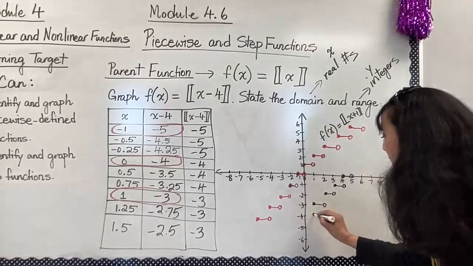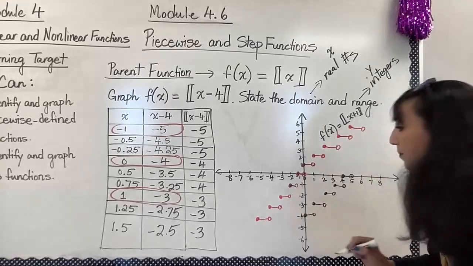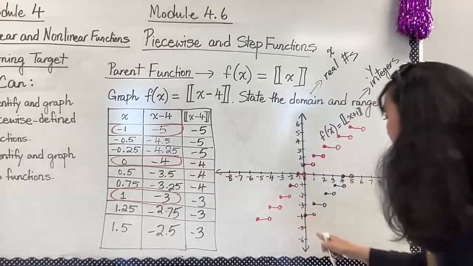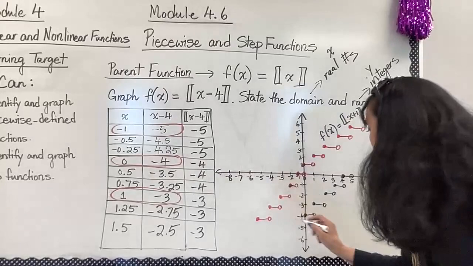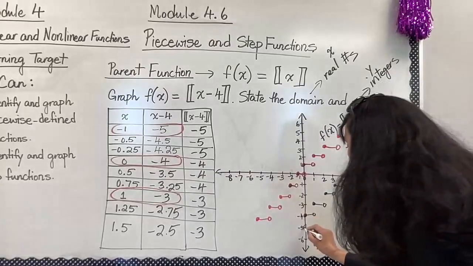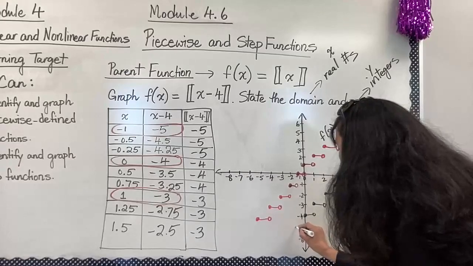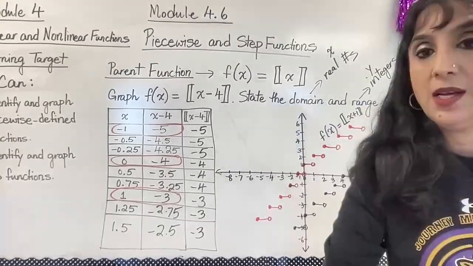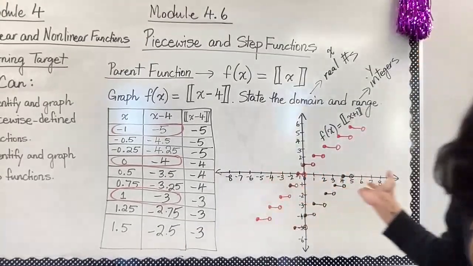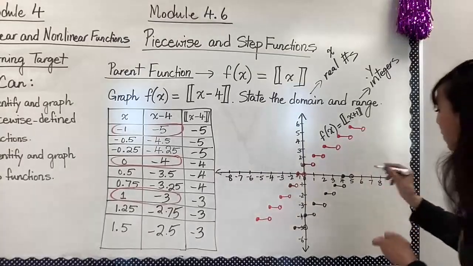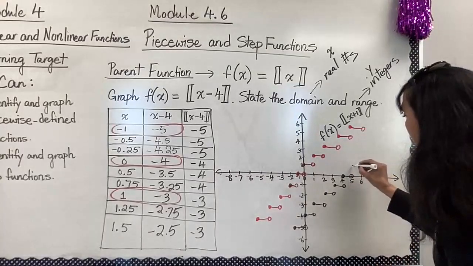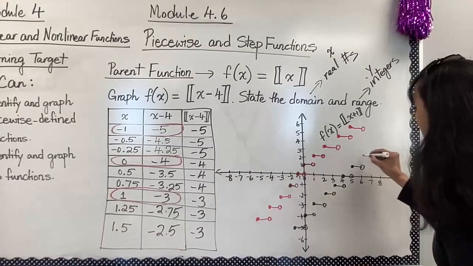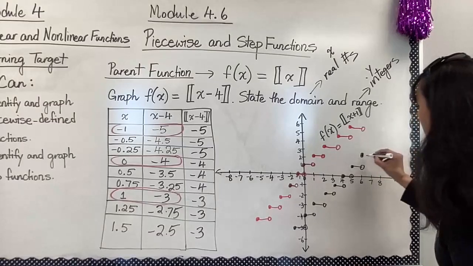Here's open, and this is closed. Look, 0, negative 4, and over here this is open and this is closed. We keep continuing, open and closed and open.